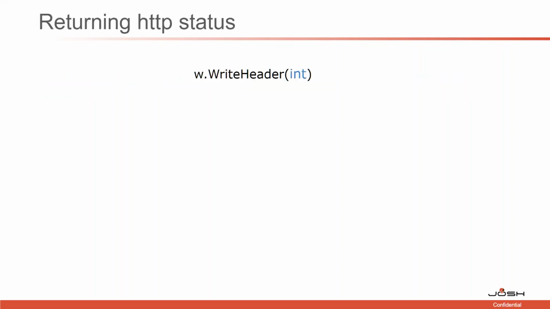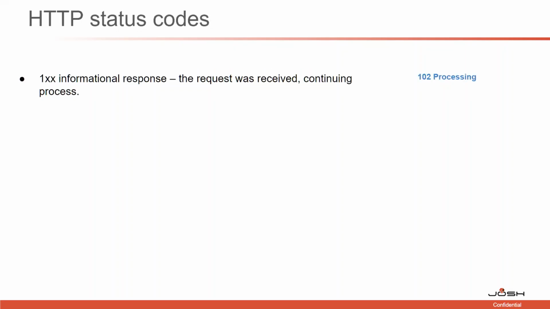So first, let's see what kind of different HTTP codes there are. You might already be familiar with this, let's just repeat it for everyone's sake. There are some HTTP codes starting with 1, so 1XX.